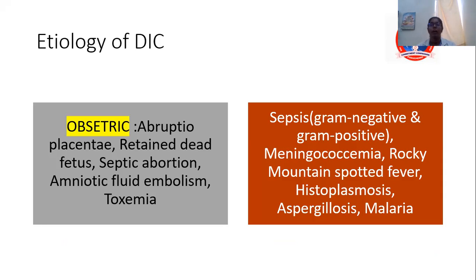First, we see the obstetric causes. Obstetric causes are abruptio placenta, retained dead fetus, septic abortion, amniotic fluid embolism, toxemias. Infective causes are infection with gram-positive and gram-negative bacteria, meningococcemia, Rocky Mountain spotted fever, histoplasmosis, aspergillosis, and malaria.